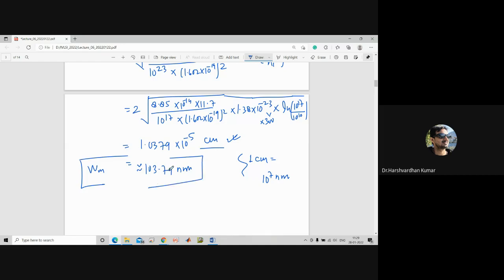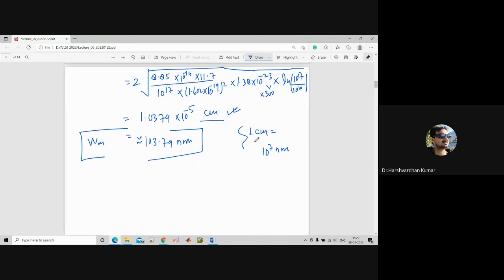Any doubt here? If you have a doubt, then you can tell me. 1 centimeter is equal to 10 to the power 7 nanometer. Then if you convert 1.0379, you will get this much value.